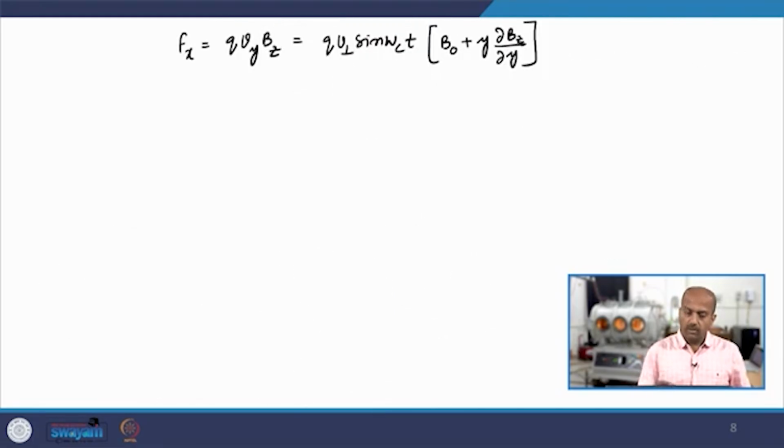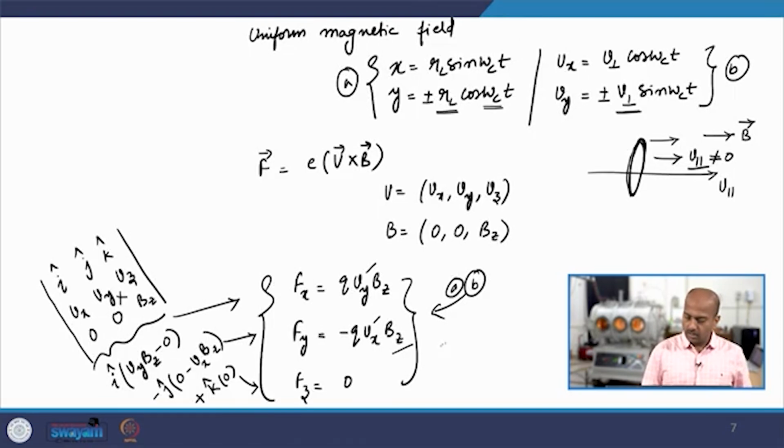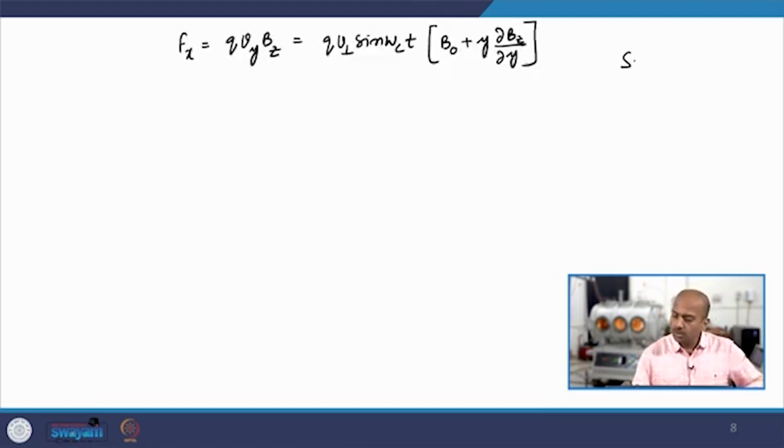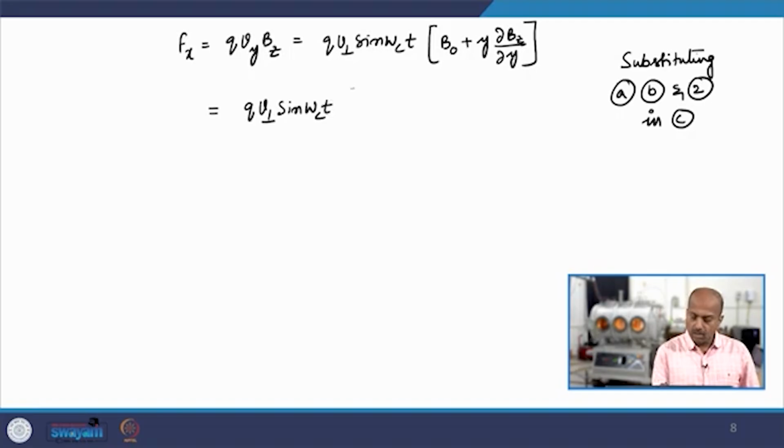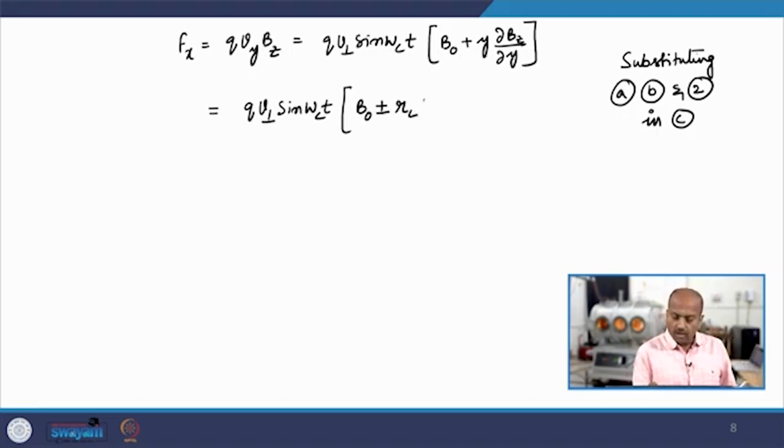What we have made use of is this set of equations as C. So, substituting equation B and 2 in C, we get this, which can be further simplified as Q V perpendicular sin omega c t times B naught plus minus, using for y RL cos omega c t, dou Bz by dou y.